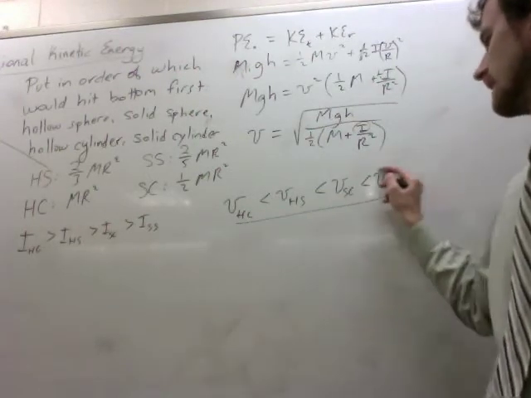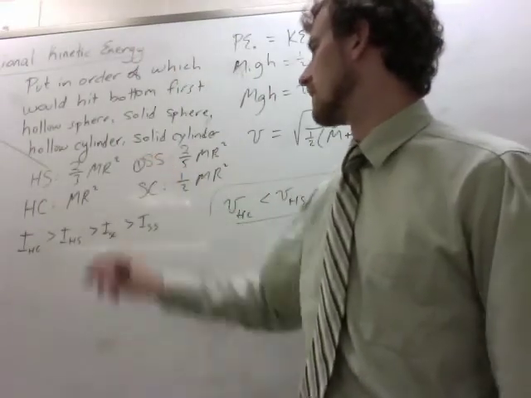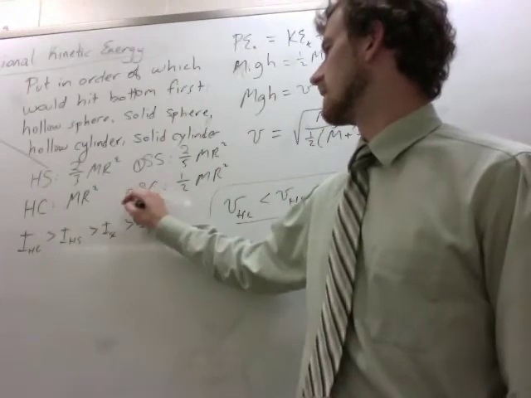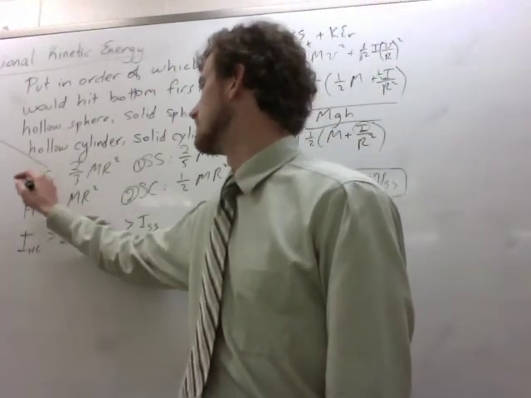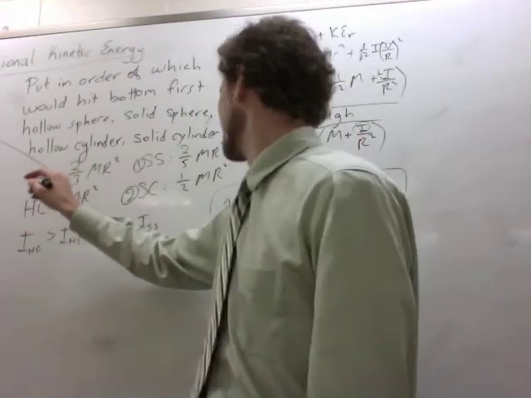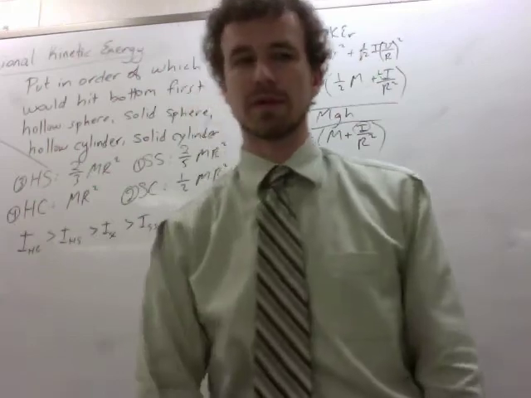So our solid sphere will be number 1, our solid cylinder number 2, our hollow sphere number 3, and our hollow cylinder will be number 4.